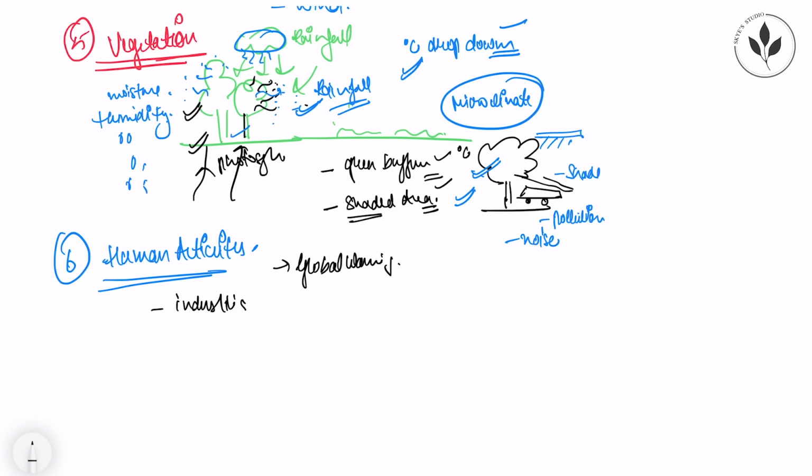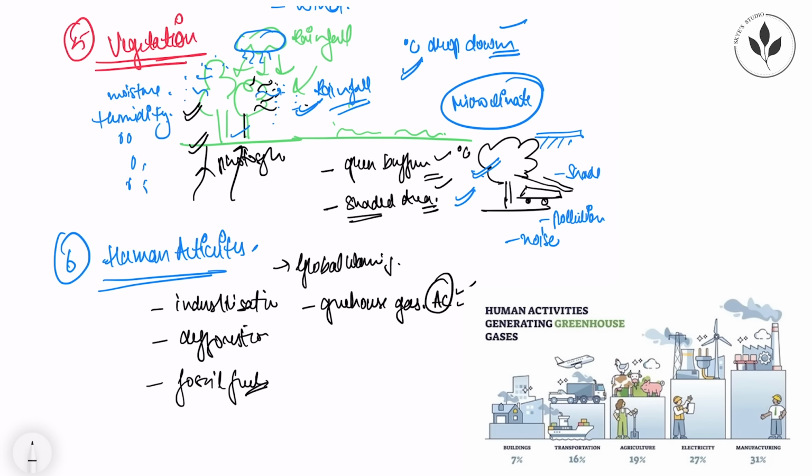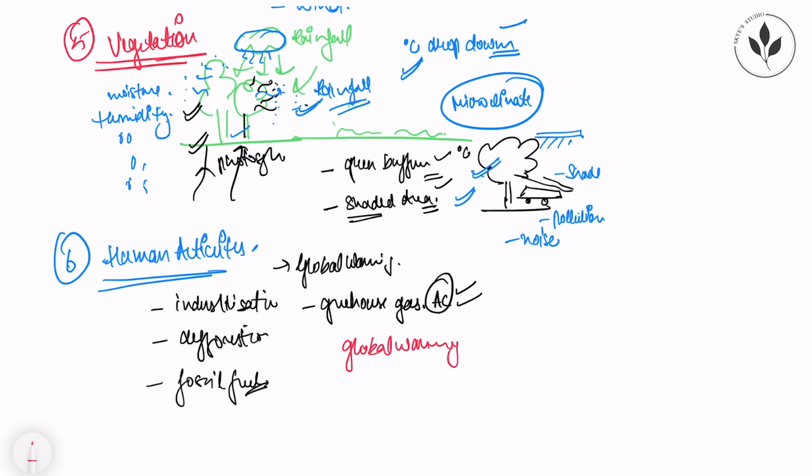The industrialization, the development, we are deforesting the trees, then we are using more fossil fuels, digging up everything. We are emitting so many greenhouse gases through so many devices. ACs are one of them, factories, industries. So this indirectly is leading to global warming.